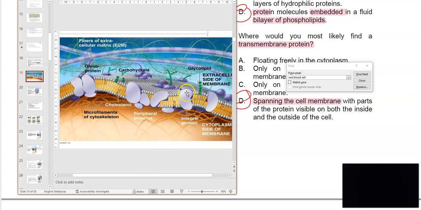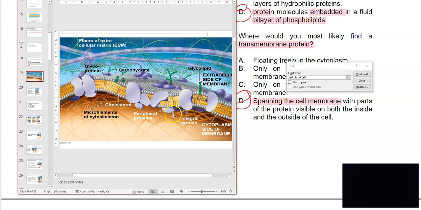It has a region in the core of the membrane, and the part referred to in the answer is visible on both sides: inside here, there is a bit extra here, and also on the outside, facing the extracellular fluid side. This is what we call an integral protein.